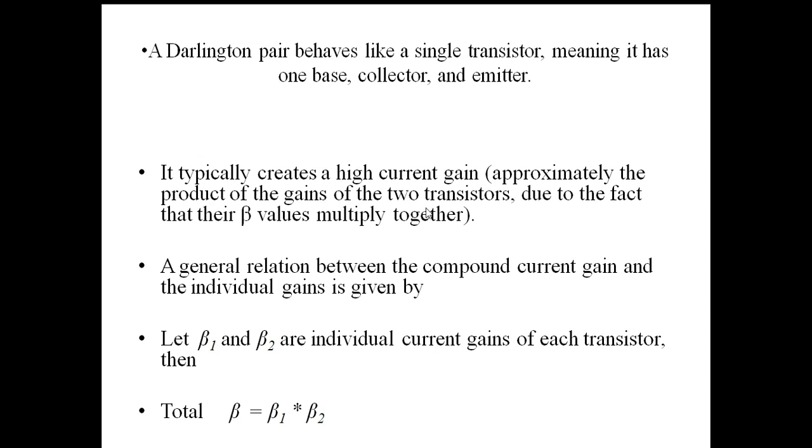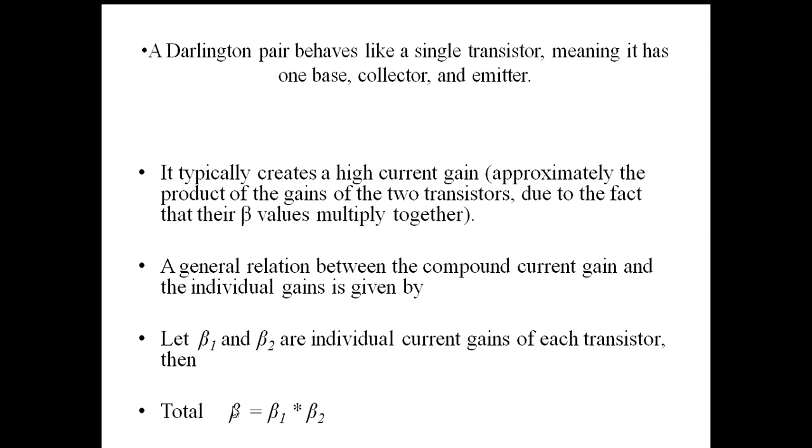Approximately the product of the gains of the two transistors, due to the fact that their beta values multiply together. Okay, beta is nothing but current gain. A general relation between the compound current gain and the individual current gains is given by: let beta 1 and beta 2 be the individual current gains of each transistor.